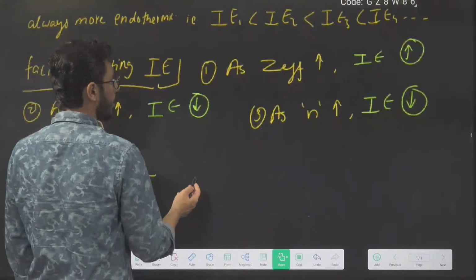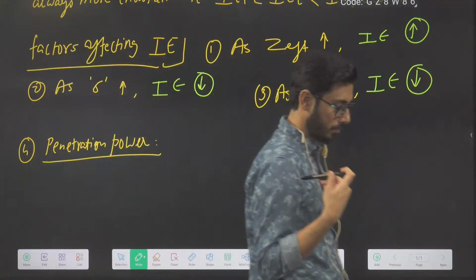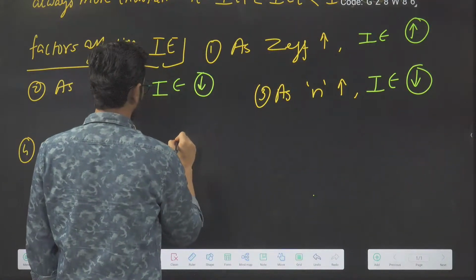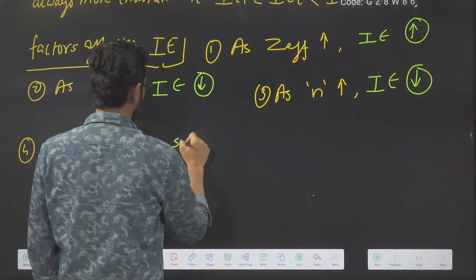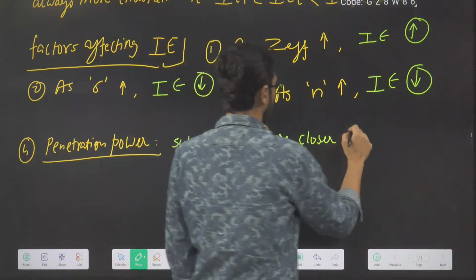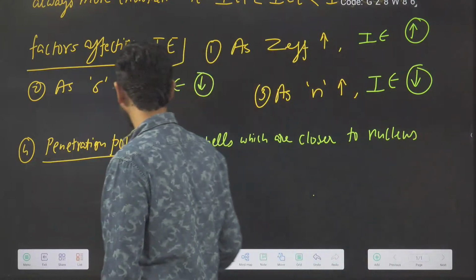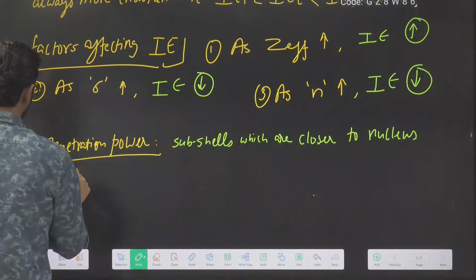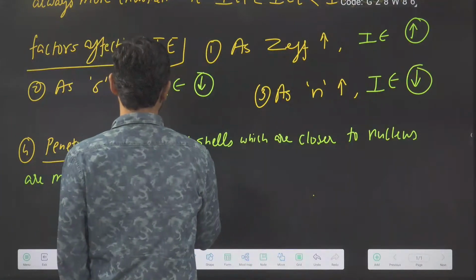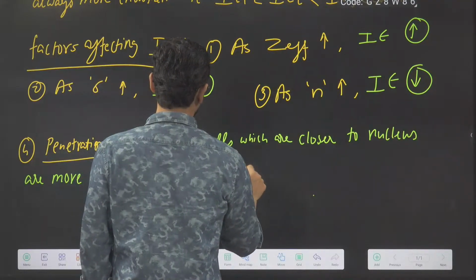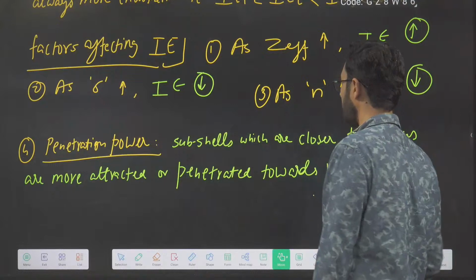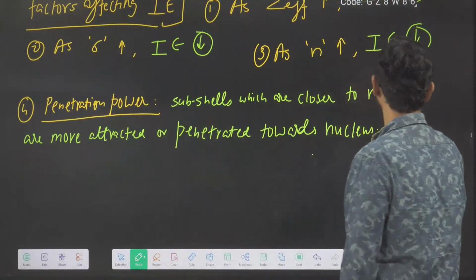Then penetration power. Subshells which are closer to nucleus are more attracted or penetrated towards the nucleus, hence more penetration power.